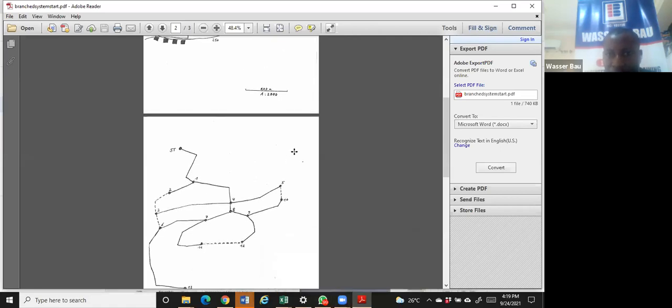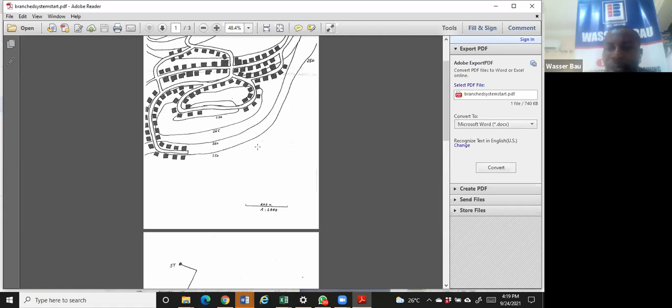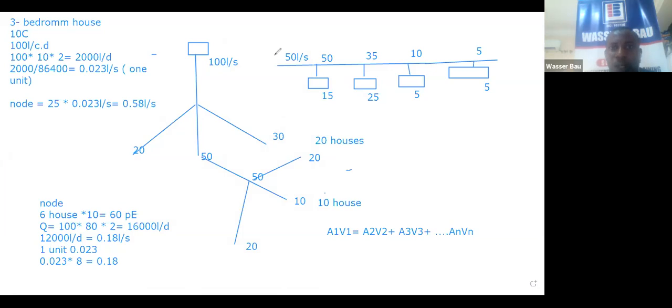I'll go back to the houses and count how many house connections are connected to node 11. 1, 2, 3, 4, 5, 6, 7, 8, 9, 10. There are about 10 houses. So 10 multiplied by the value of 1.